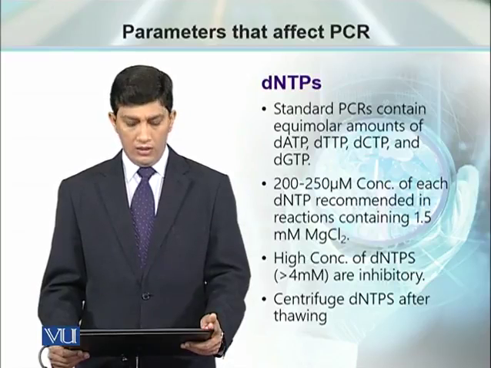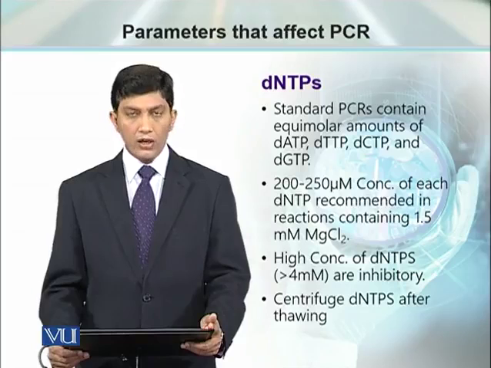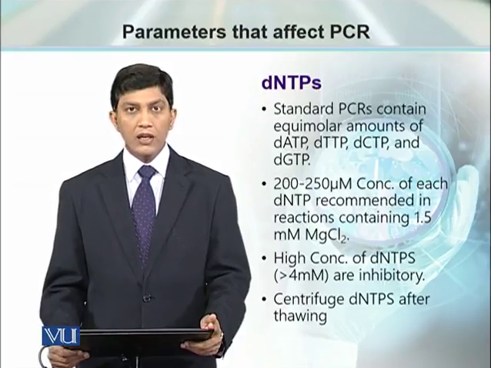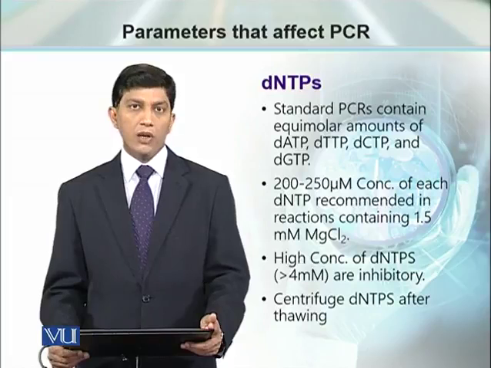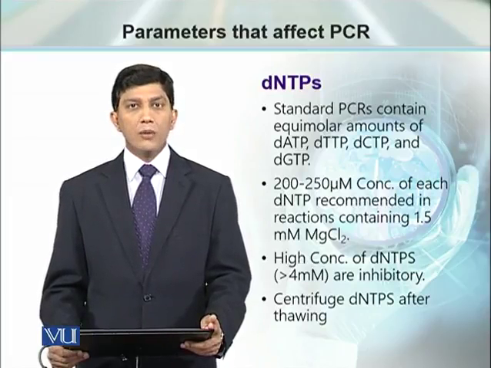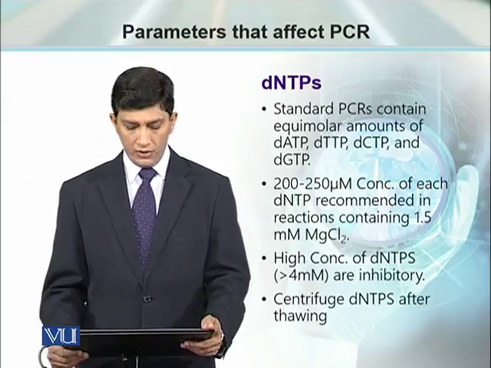Any higher concentration, more than 4 millimolar, will act as an inhibitory concentration and the PCR will not proceed further or will not give you the results. It is always recommended that when you use the dNTPs, you should centrifuge them after thawing them, after taking them out of the freezer.